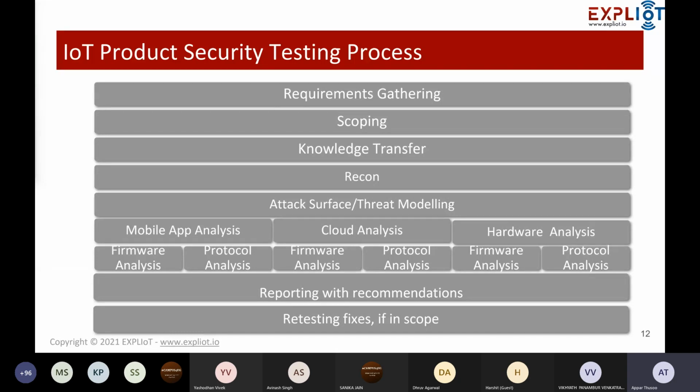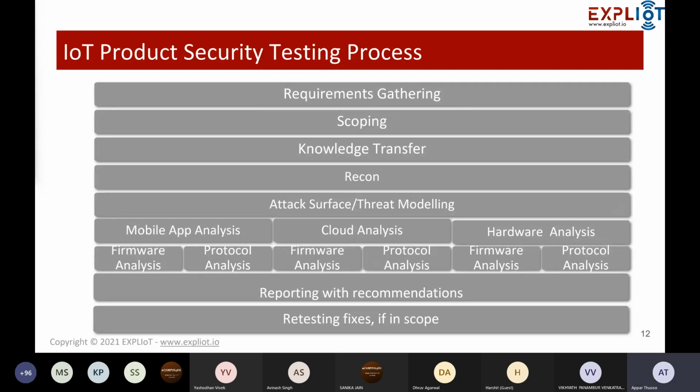If it is a white box assessment, we as a company would sign an NDA with them. They would give us their architecture, maybe their source code, some of the data sheets of the microcontrollers they are using and stuff like that. And if it is a black box, which is on the extreme end, they would basically give us the device and just a walkthrough on how the device works, and the rest is for us to figure out.